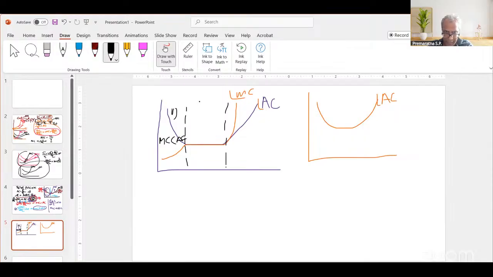The second stage, marginal cost equals average cost. The other thing, you get the marginal cost, sorry, the average cost minimum point.